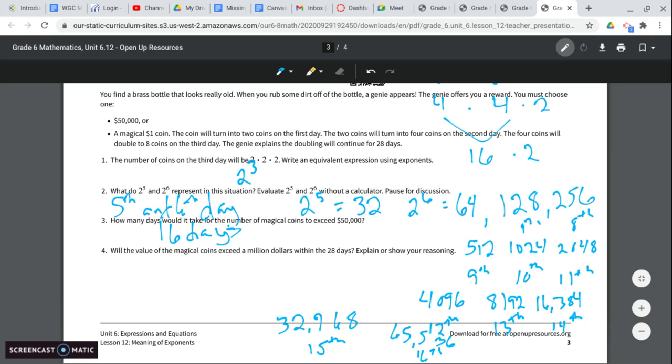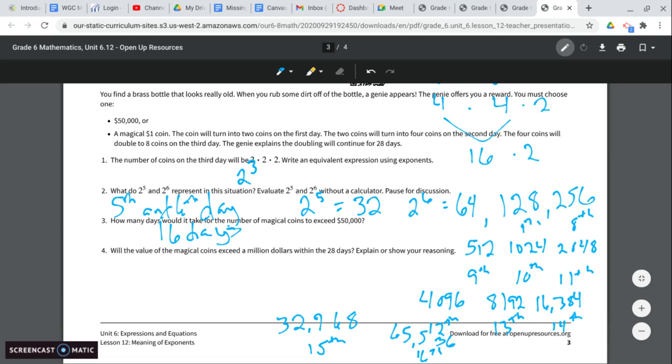So question 4, will the value of the magical coins exceed $1 million within the 28 days? Explain or show your reasoning. So on the 16th day, we know there's 65,536 coins. The next day, there will be over 130,000. Then the next, over 260,000. Then it'll be at 500,000. So then the next, it'll be at 1 million.